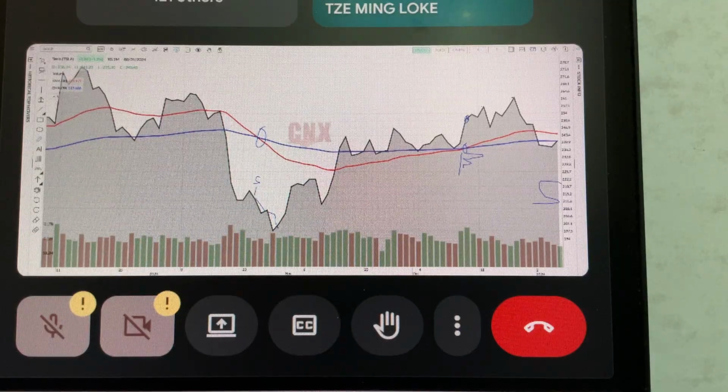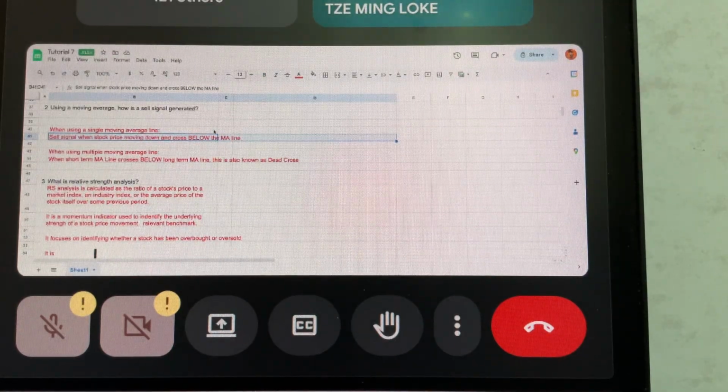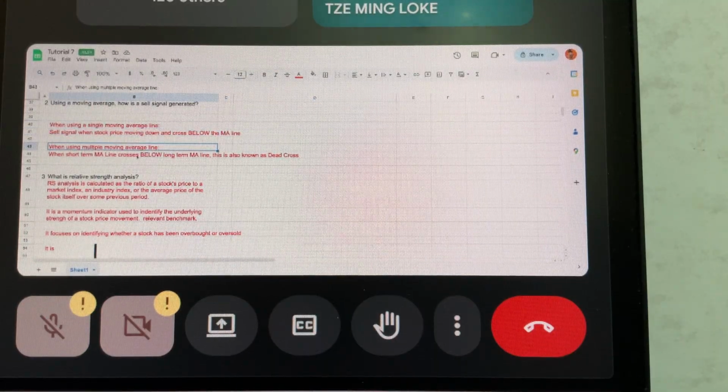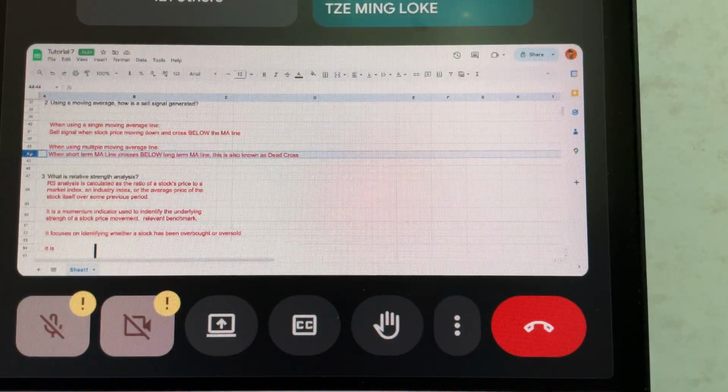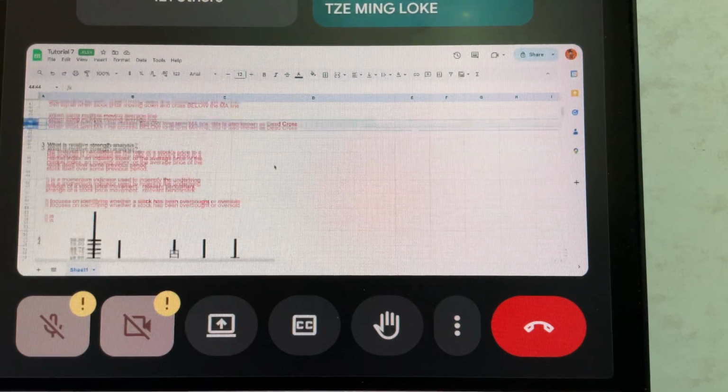All right, coming back to the question here. When using multiple moving average lines, when the short-term moving average crosses below the long-term moving average, there's another name for it. We call it the dead cross.